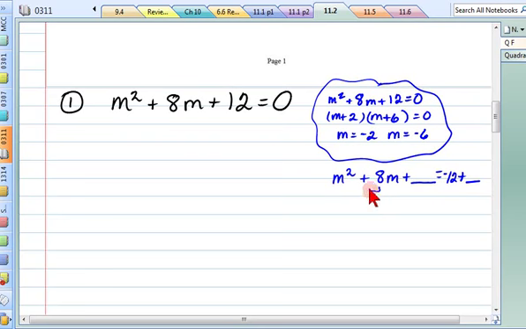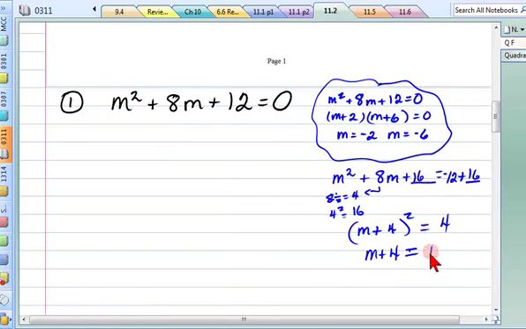I would take the 8, take half of it. Half of 8 is 4. Square that for 16. So I would add 16 on the left and 16 on the right. That would give me the binomial m plus 4, quantity squared, is equal to, combining those, I get 4. I would use the square root property and get m plus 4 is equal to plus or minus the square roots of 4.